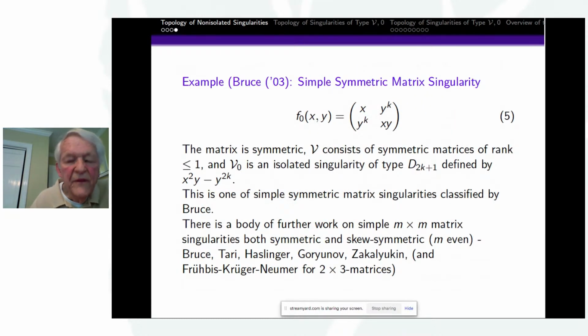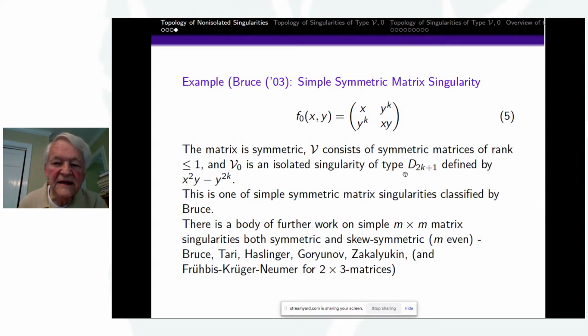And lastly, all the preceding examples were linear maps. In fact, that was not intentional. Equally well, you can consider nonlinear maps. Bill Bruce classified simple symmetric matrices. In mapping from C^2 into the 2x2 symmetric matrices here, you can see that the singular variety is given by the determinant, which is x^2 y - y^(2k), which is a singularity of type D_(2k+1), one of the simple hypersurface singularities.